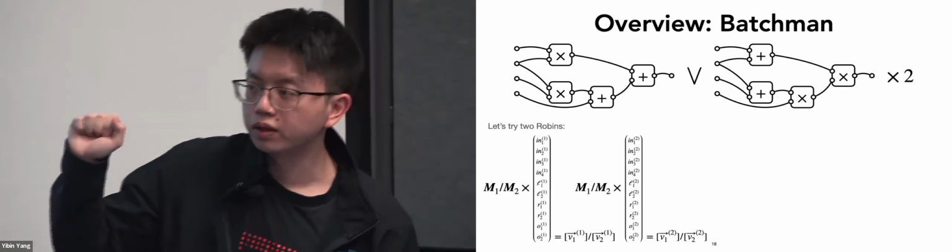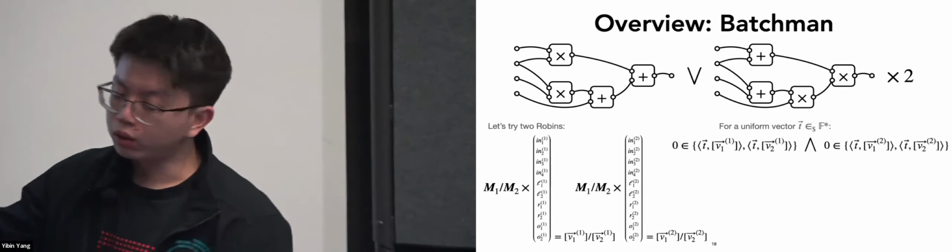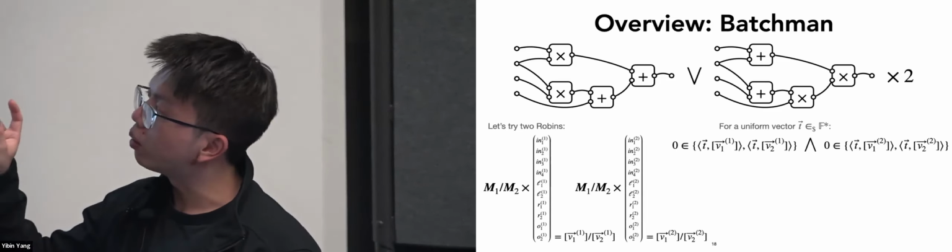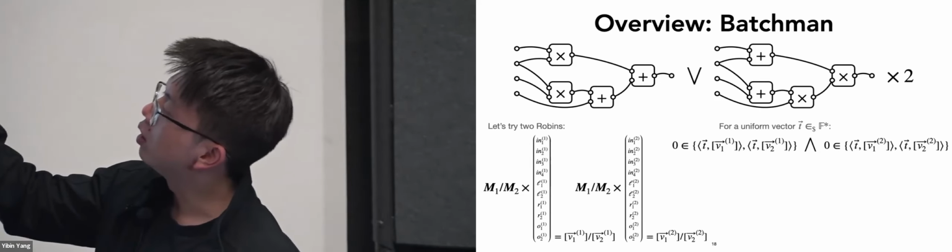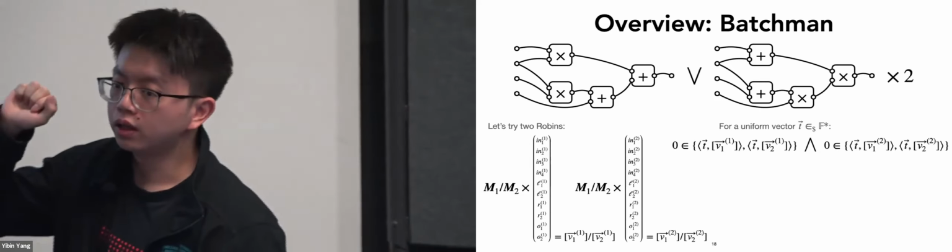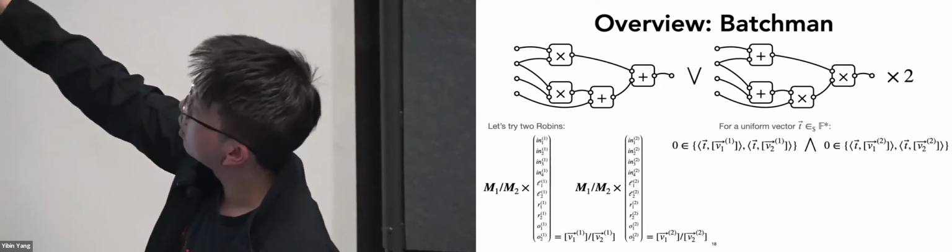Essentially, we can still require the verifier to issue random challenges, and reduce the problem to showing that this single element 0 belongs to these 2 commitments. This is for the first repetition on the left-hand side. And on the right-hand side, for the second repetition, we also show 0 belongs to these 2 commitments.